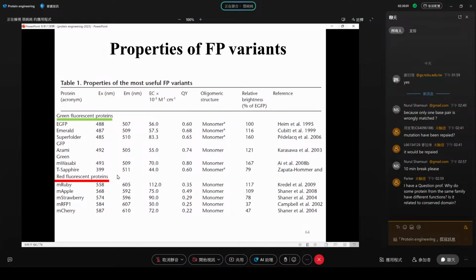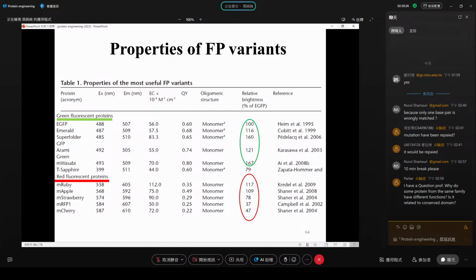So we have ruby, apple, strawberry. The original will be red fluorescent protein. They even have a little bit different red, like cherry. So even the original one, the spectrum, their brightness is not very good. But until recently, for the ruby and the apple, the brightness is around 109, super bright.